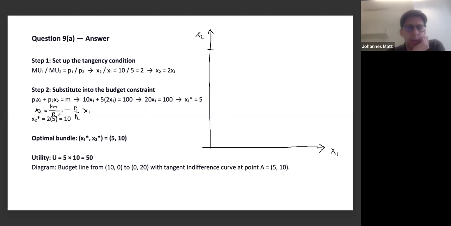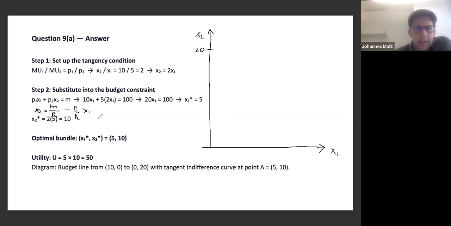So what is the maximum possible amount of vegetables I could ever consume? Well, it is 100 divided by the price of vegetables. The price of vegetables is 5, so that is 20. So 20 vegetables, that's the maximum amount I can consume.